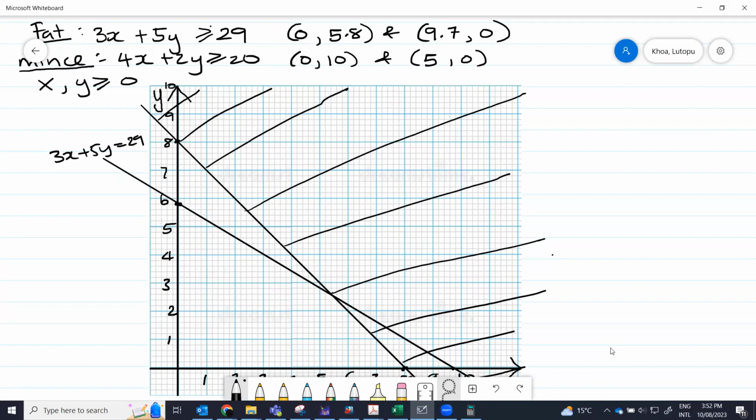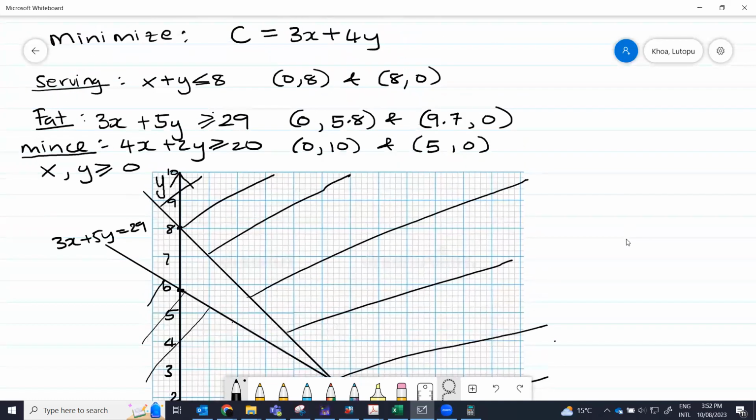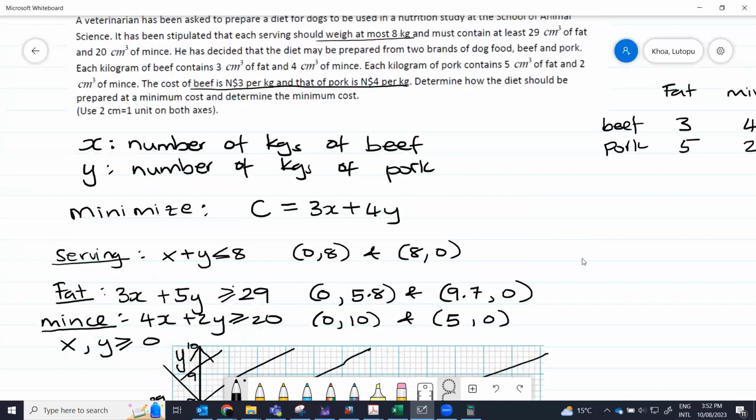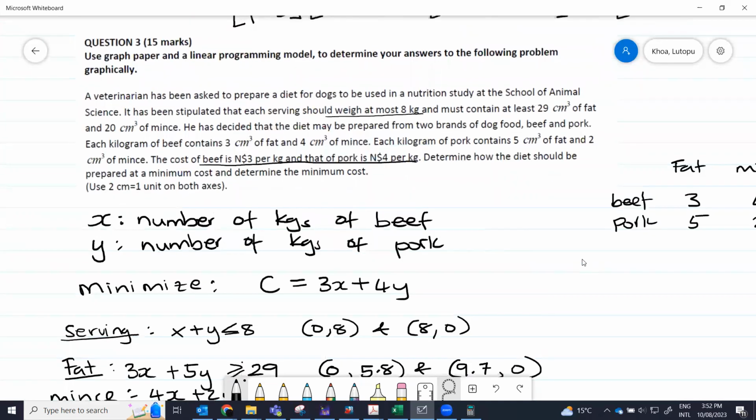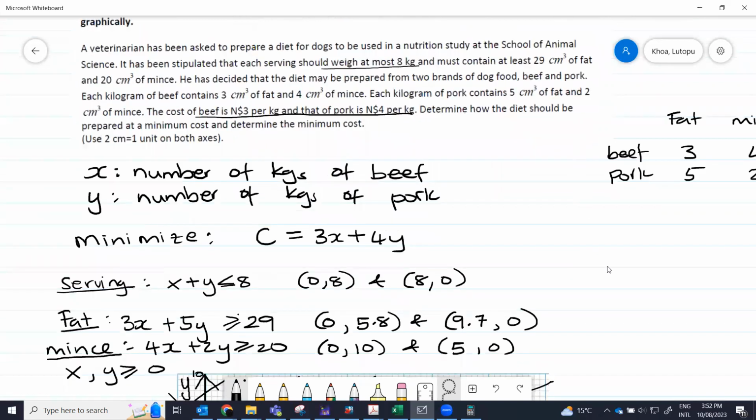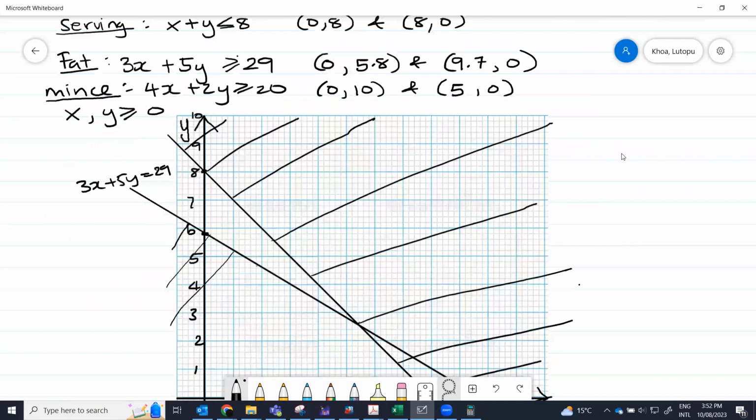Below the line gives us what we don't want, so this is shaded out. Just reading that to be sure I read it correctly: should be at least 29. So greater than or equal to 29. It's fine.